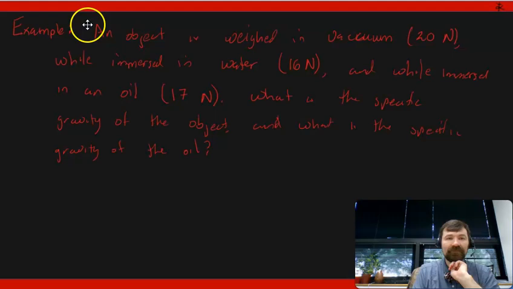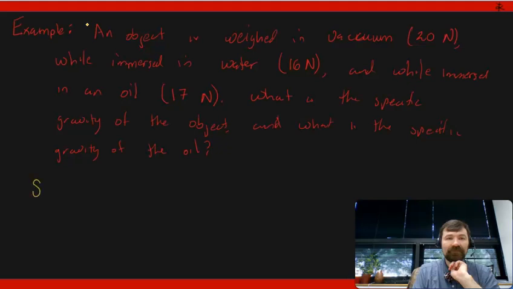once while totally submerged in the other fluid. All right, let's have a quick example before we finish today. So we have an object which is weighed in vacuum, it's weighed while totally immersed in water, and it's weighed while totally immersed in some oil. And we want to know what the specific gravity of the object is, and also the specific gravity of the oil.